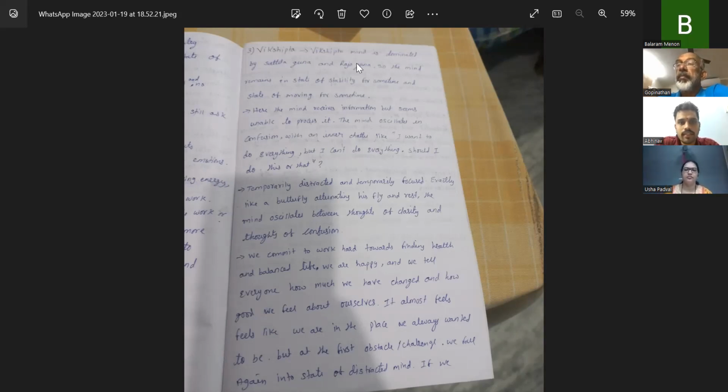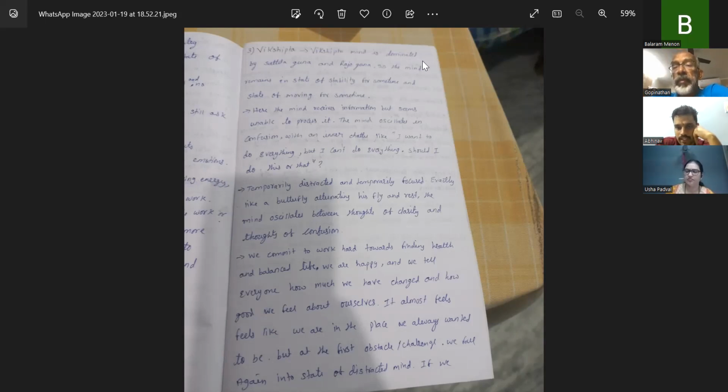See here, Vikshipta mind is dominated by Sattva Guna and Rajoguna. So what have we seen, when Rajoguna is there, what happens? The mind will be disturbed. Right. But here, Sattva Guna is also there. What happens when you have that Sattva Guna? There will be concentration or stability.